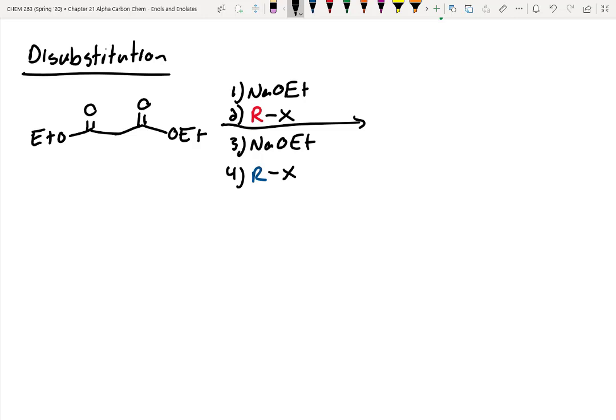All right, so now by doing that, we can alkylate that center position twice. But after this point, we don't really have any more alpha protons to deprotonate because we've already used all of them, right?